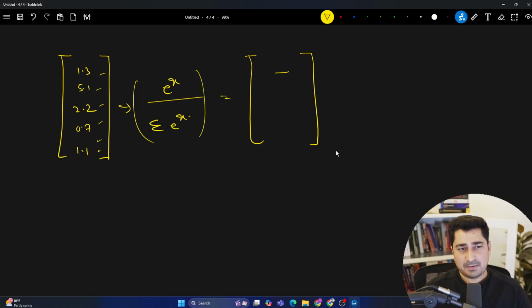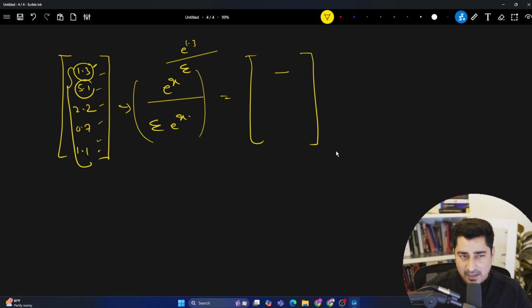So simple. If I'm trying to find the probability of 1.3, what will be this equation? e to the power 1.3 divided by the summation of e to the power 1.3 plus 5.1 plus 2.2 plus 0.7 plus 1.1. It gives me the probability of this with respect to all.